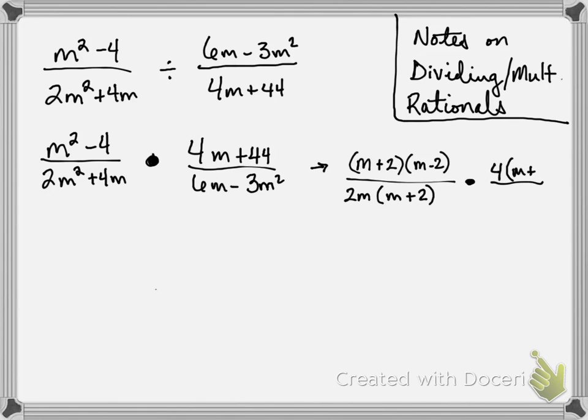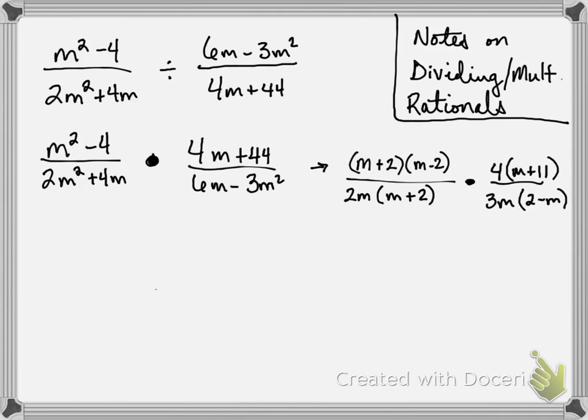That leaves me with 4 times m plus 11 inside the parentheses. Then on the bottom of this fraction, what do they have in common? They have a 3 and an m in common. So that's going to give me 3m times 2 minus m. Let's see if that helps us out any at all.